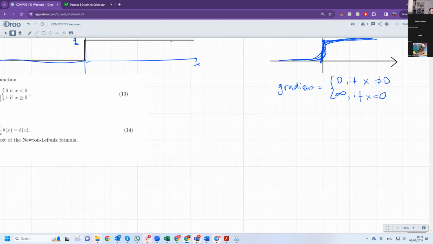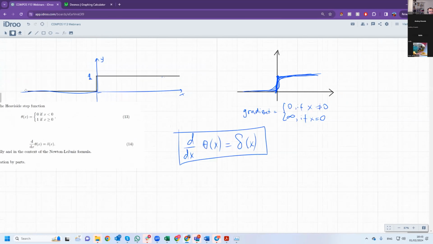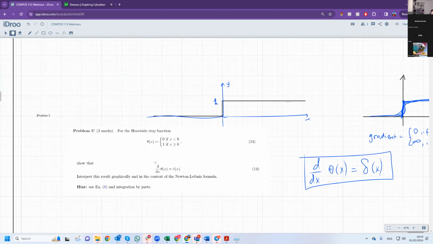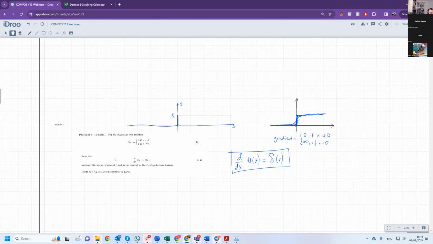In other words, the derivative of the Heaviside function is the delta function. That's it. Quite straightforward, quite an interesting view. Interpret this result graphically, but you can also solve it mathematically.